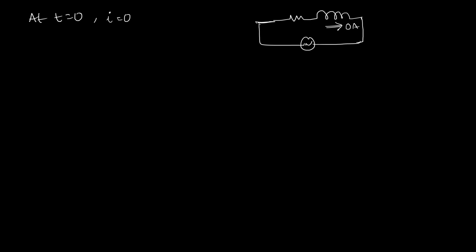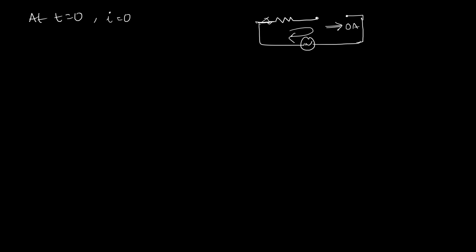Initially uncharged means current 0, so it behaves like an open circuit. Let me draw. Even if you close the switch, because of the nature of the inductor, it does not allow sudden changes in current, so you still have 0 ampere current in the circuit. Okay, so the same condition was utilized here.